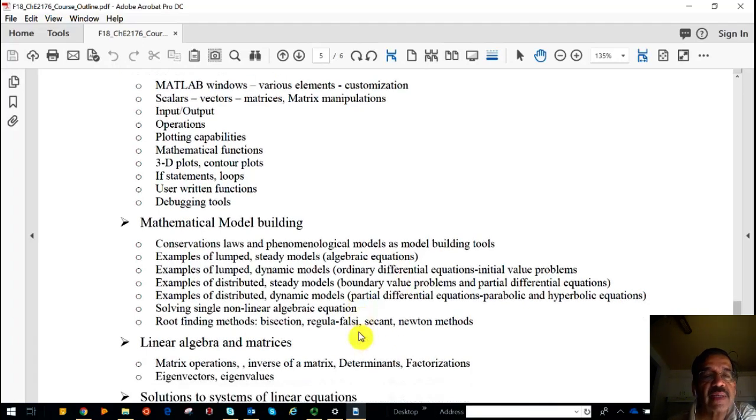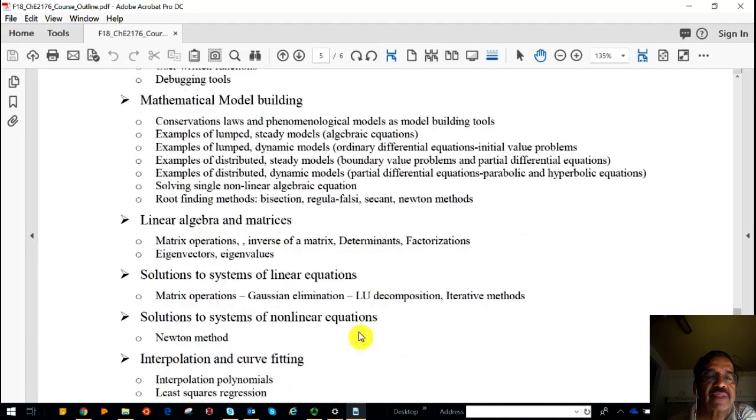And then we will learn during that phase how to solve each one of these types of problems in MATLAB or COMSOL using appropriate computational tool. So by the second phase, you would have achieved sufficient proficiency in MATLAB to be able to develop the skill of solving engineering problems, both formulating and solving them in MATLAB.